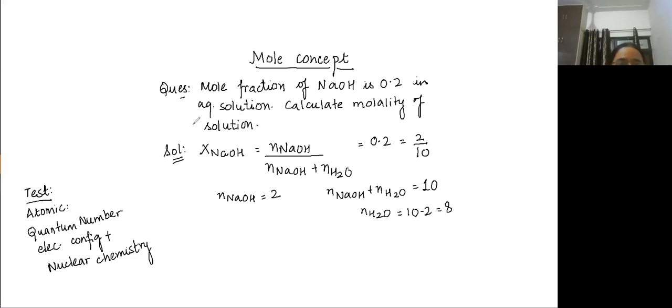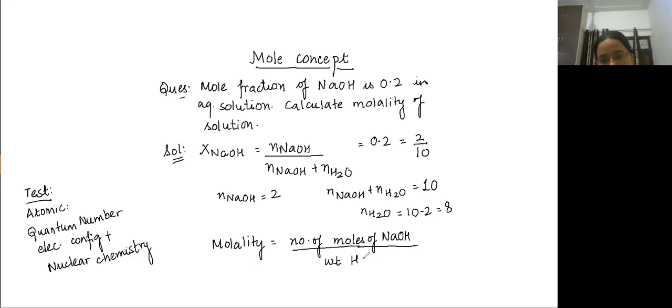And what is molality? Molality is equal to number of moles of NaOH divided by weight of water in grams multiplied by 1000.